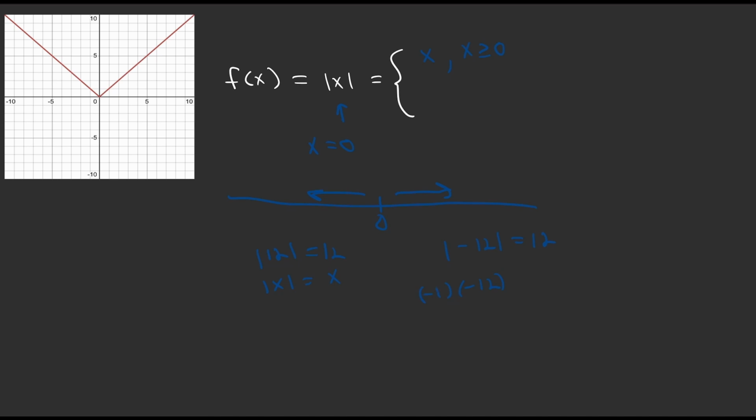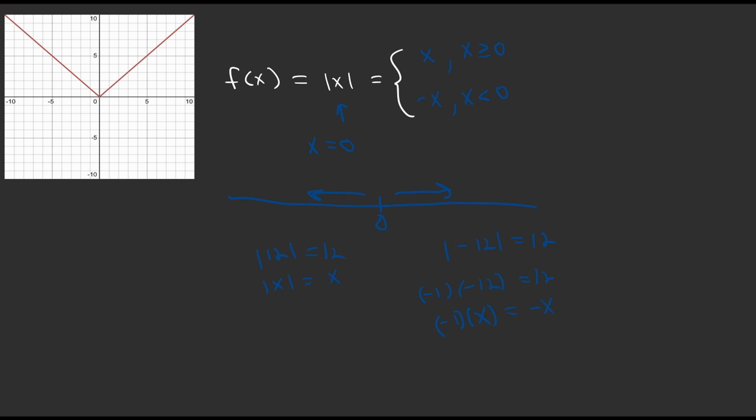So, this means that when x is less than 0, when x is negative, we're going to have to multiply this value x by negative 1, which gives us negative x. So now we've split our absolute value function, absolute value of x, into two different functions.